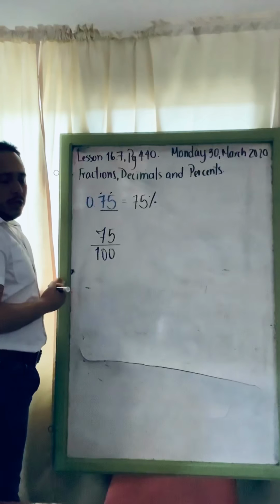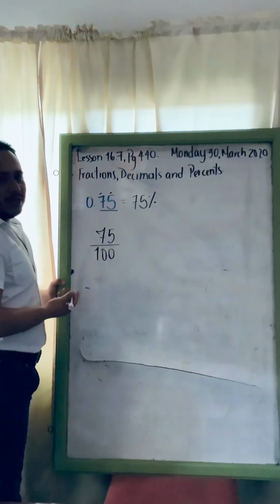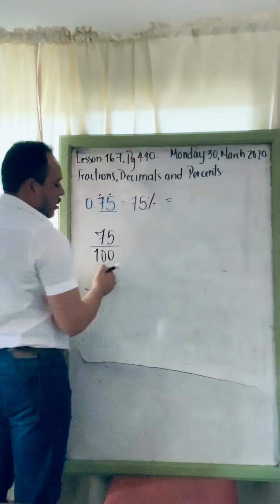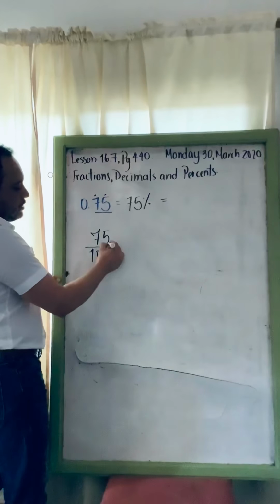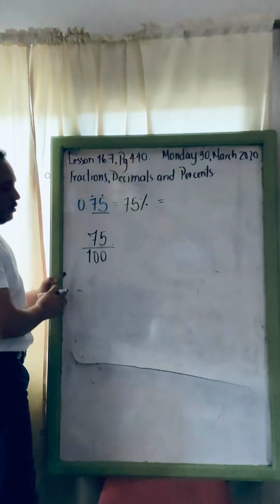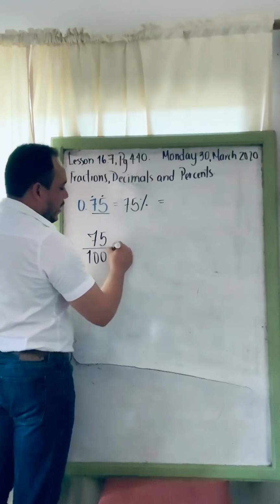Right? And the fraction is now a very simple thing because you only need to simplify the fraction. In this case, because both of them end with 5 and 0, the two numbers are divisible by 5.